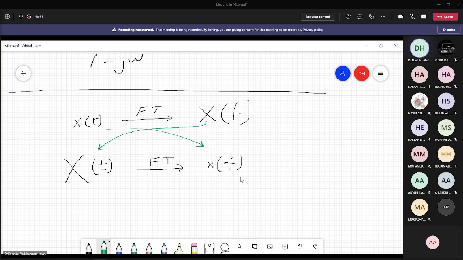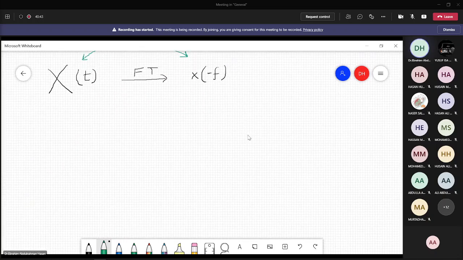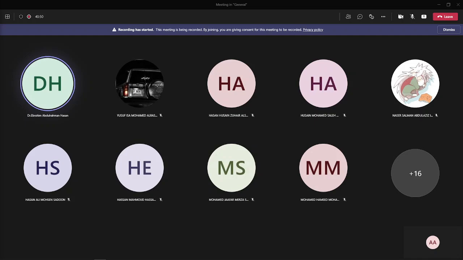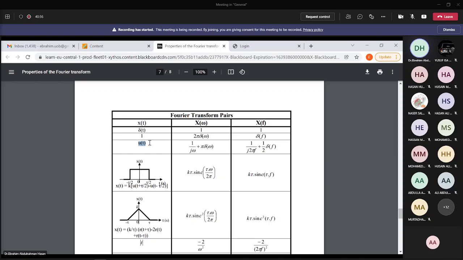Is it important? Yes. What is the importance? For example, let me open the table again. See table number 1. The Fourier transform for u of t we have here: it is equal to 1 over j omega plus pi delta omega. But what about u of omega?